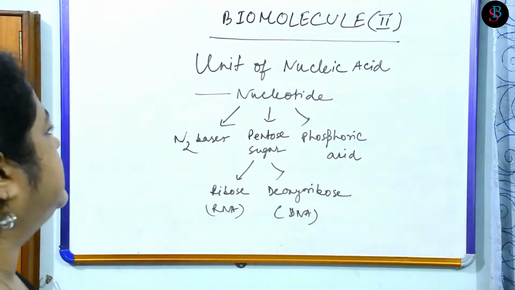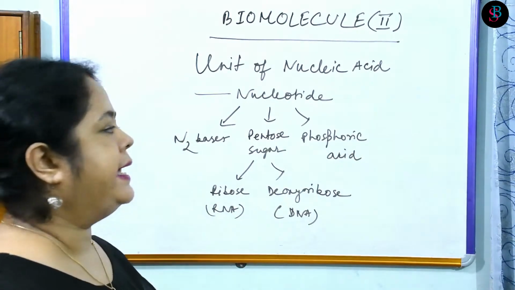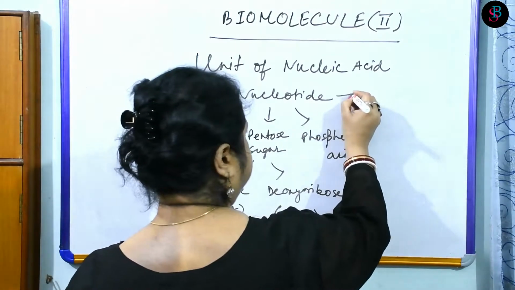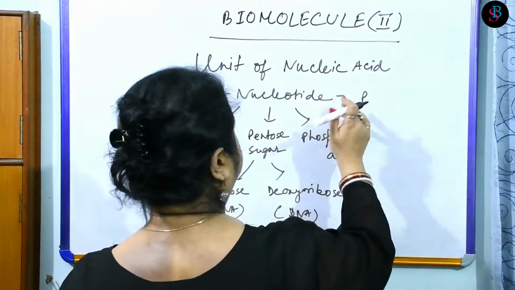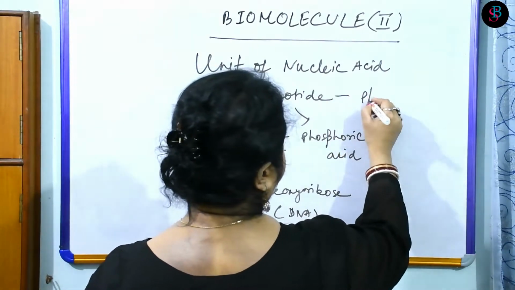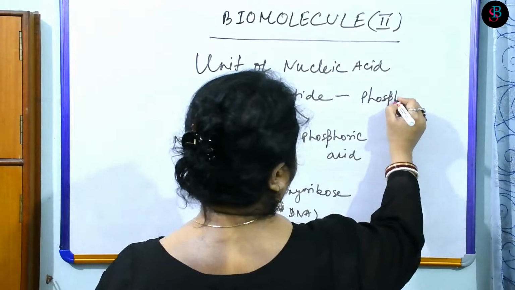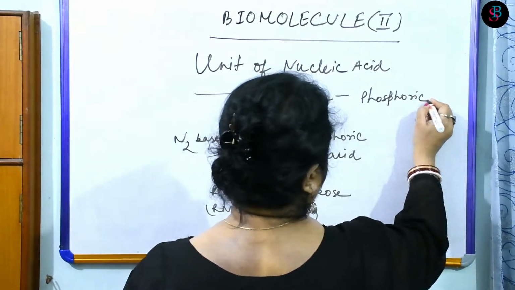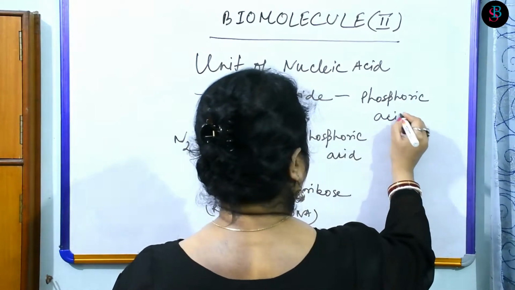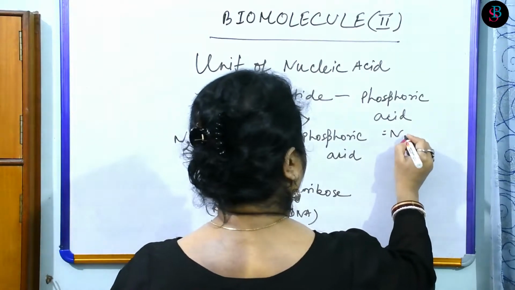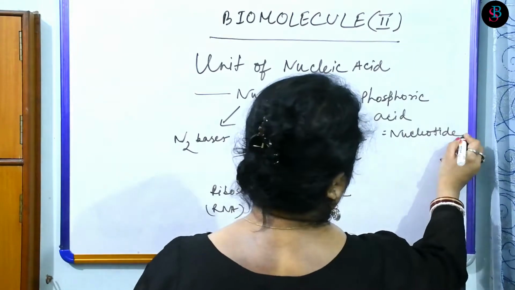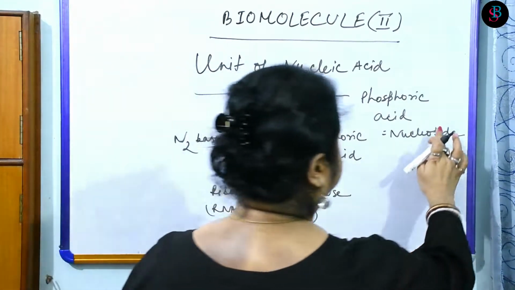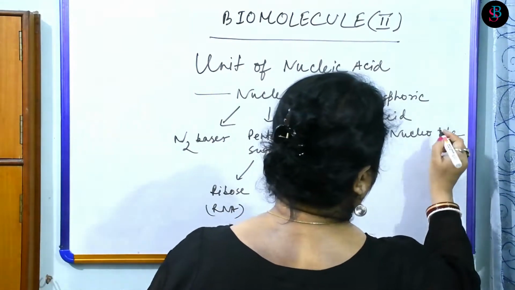So these are the three components of the nucleotide, and if phosphoric acid is absent, nucleotide minus phosphoric acid equals nucleoside. Sorry, I said nucleotide, this is nucleoside.